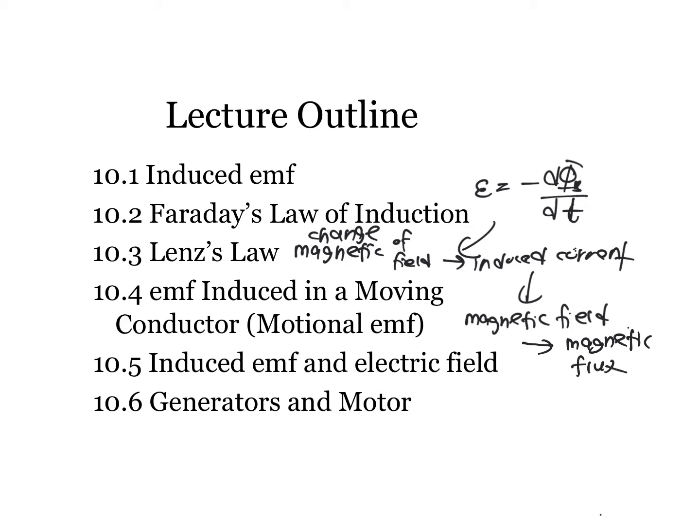And this induced magnetic flux is going to oppose the original change in the magnetic flux. So the change of magnetic field produces an induced current, and this induced current produces its own magnetic field that opposes the original change in the magnetic flux. Okay, so we are going to proceed with the next one, which is EMF induced in a moving conductor.